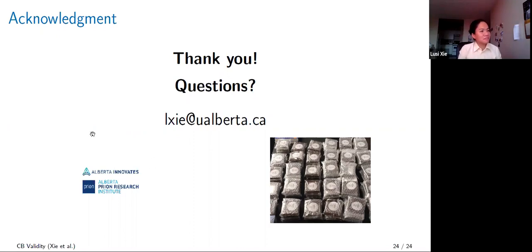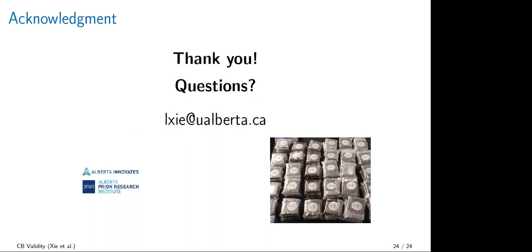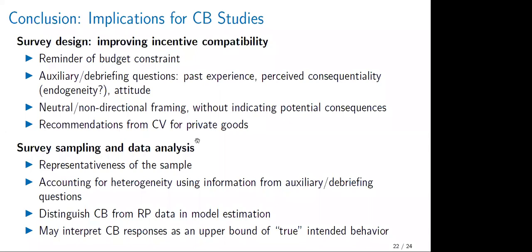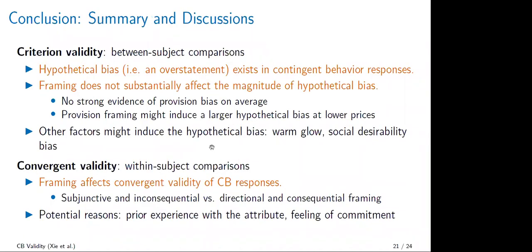Any questions? I have a question. So you find that essentially you cannot disentangle between social desirability and the warm glow? Did you think about an experiment to dissociate them?